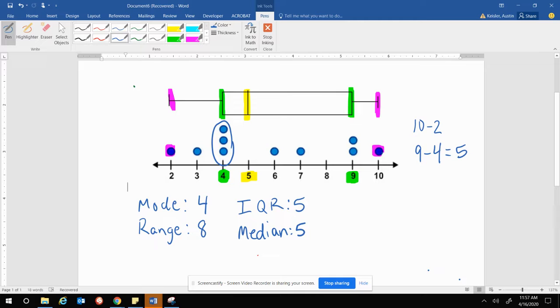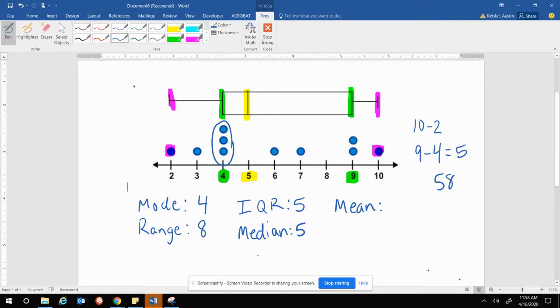And then last but not least is the mean, or the average. We cannot find the mean from a box plot. There's no way to do that. So we're going to have to use these numbers down here. I'm going to add all those up, and when I add them up, I get 58.